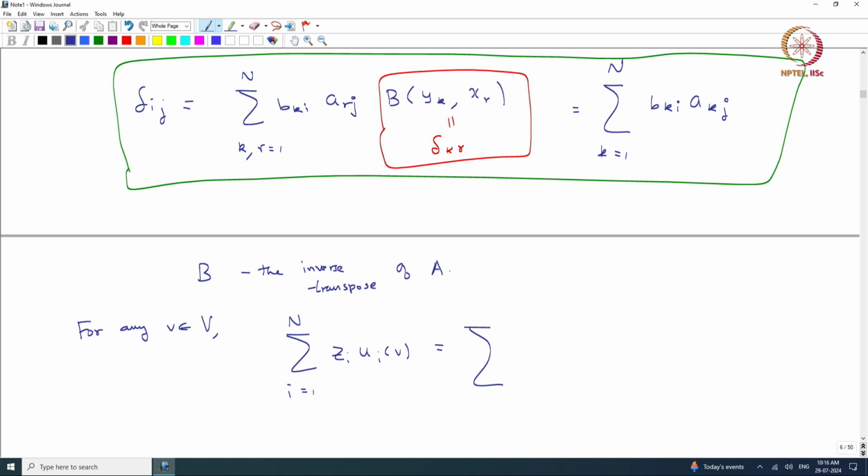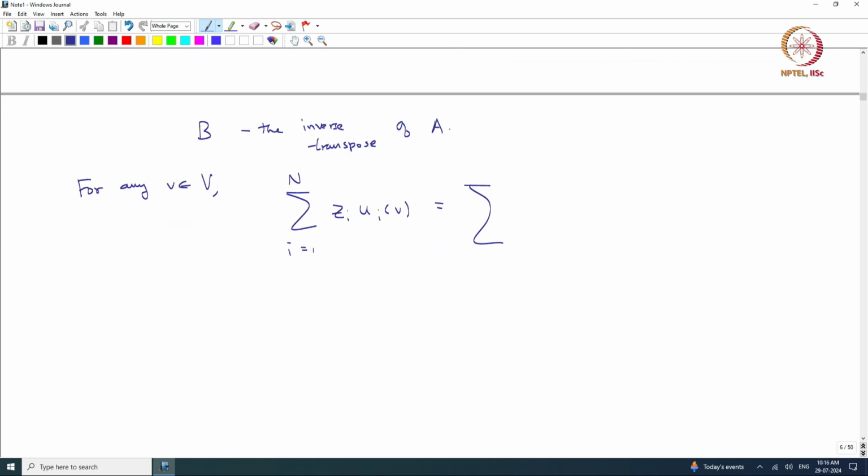Now we can write zi and ui in terms of xi and yj's. So, just use those formulas and rewrite this. Then you can see that this is exactly aki bli xk yl acting on v, where k, i, l all run from 1 to n.